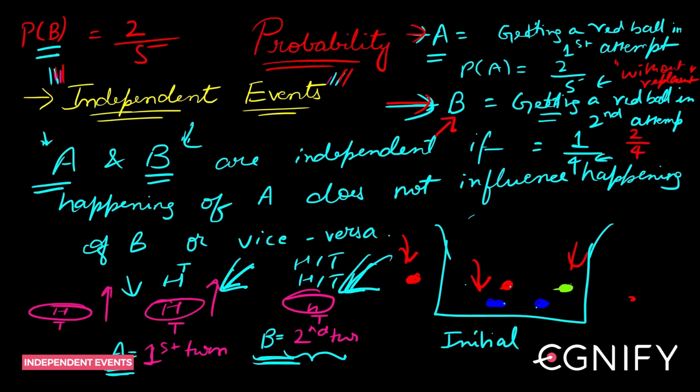There's no basic formula here. You don't have a formula to tell whether two events are independent or dependent. You have to use your common sense and your sense of logic. Only that will help you determine whether two events are independent or dependent. I hope I was able to make sense of what independent events are. Let's now move on to compound and conditional probability.